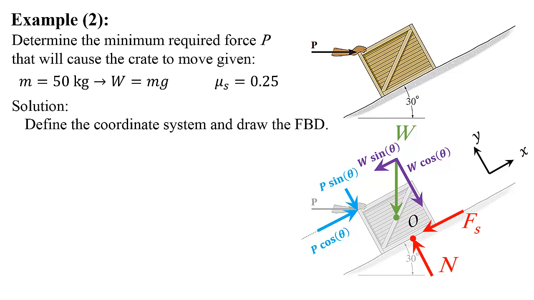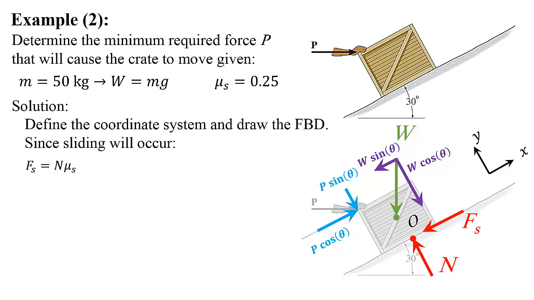From that, I'm ready to apply my equilibrium equations. But again, from the question we see that to cause the crate to move, movement is there, or in other words, sliding is there. Fs should equal N mu s.